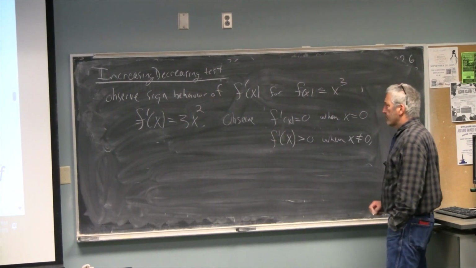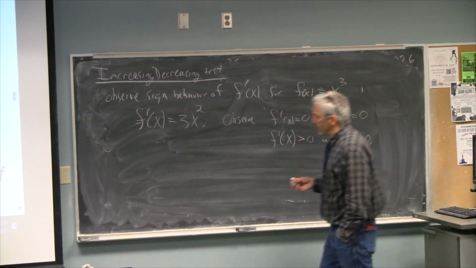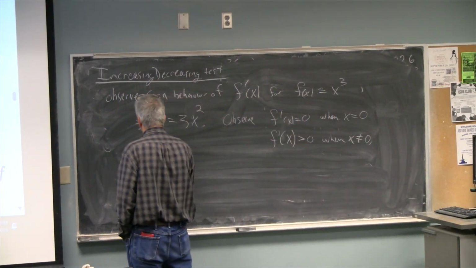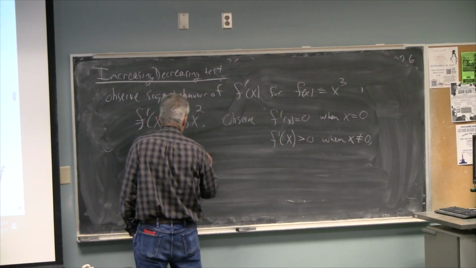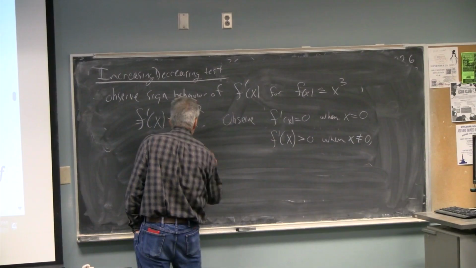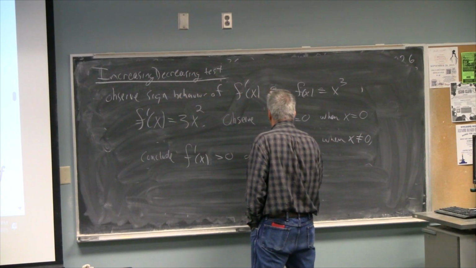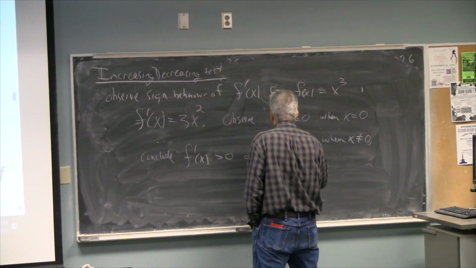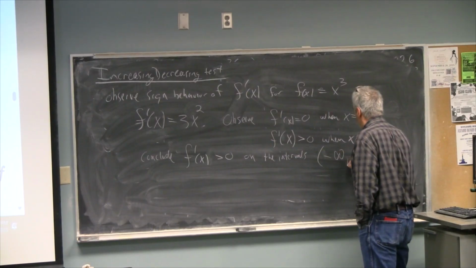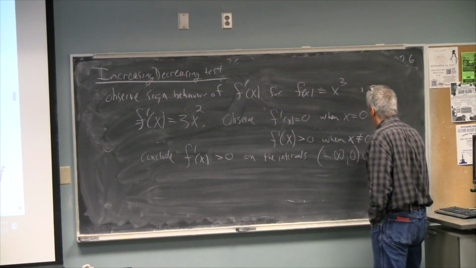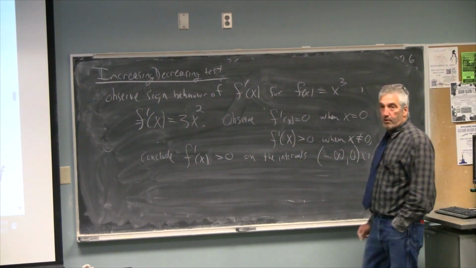So we want to think about, where is f prime positive? What intervals? Well, from minus infinity to 0, not including 0, and then from 0 to infinity, not including 0.